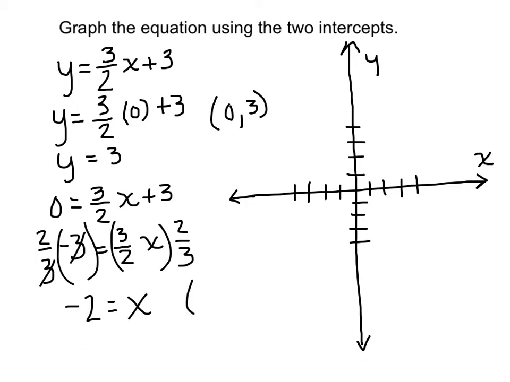So when y is 0, x is -2. So (0, 3) and (-2, 0) give us our two intercepts, and we draw the line through. This is probably the quickest way for you to do a graph.